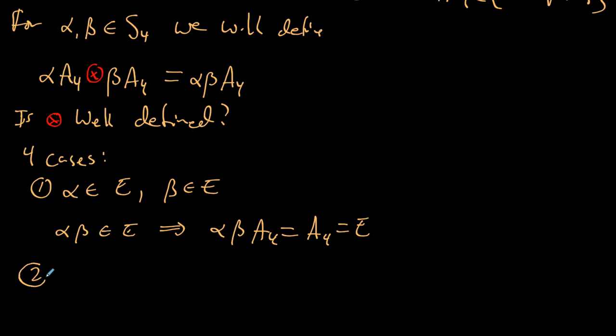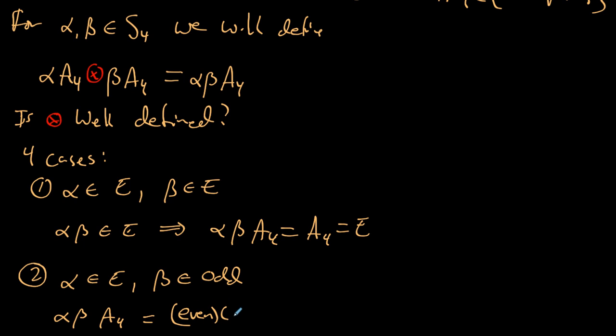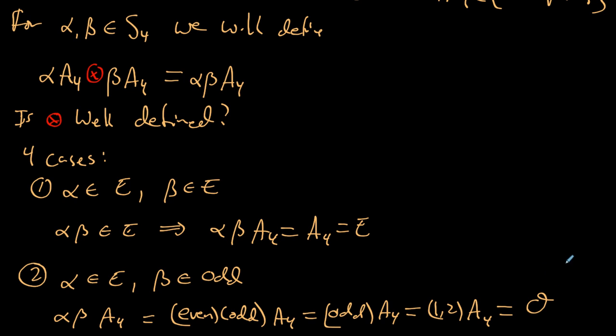The second case is alpha is even and beta is odd. In this case, alpha times beta times A4 is going to be an even permutation times an odd permutation times A4, and that's just going to be an odd permutation times A4, and every odd permutation's left coset is the same as the left coset defined by (1 2) times A4, and that's just the set of odd permutations.